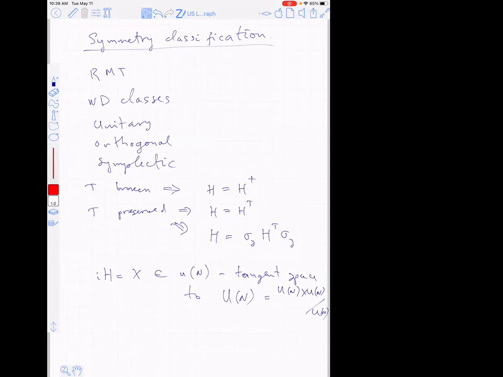In the case of the orthogonal class, the corresponding coset space turns out to be O(2N) mod U(N). And for the symplectic class, it turns out to be a unitary symplectic group mod U(N).